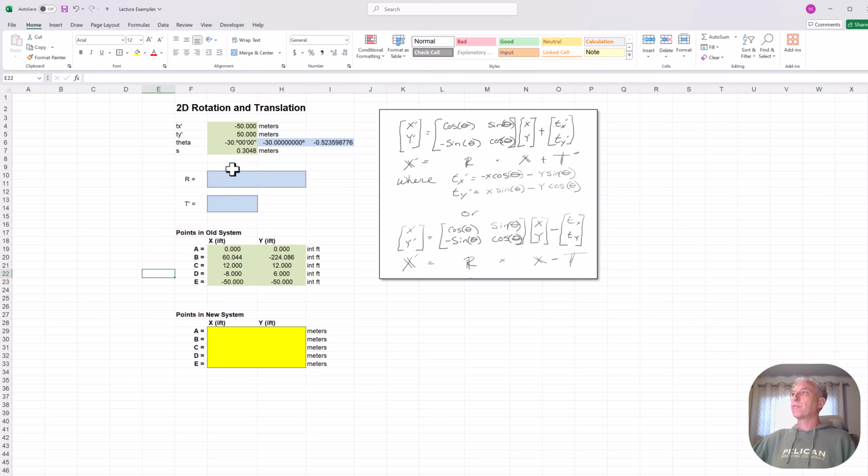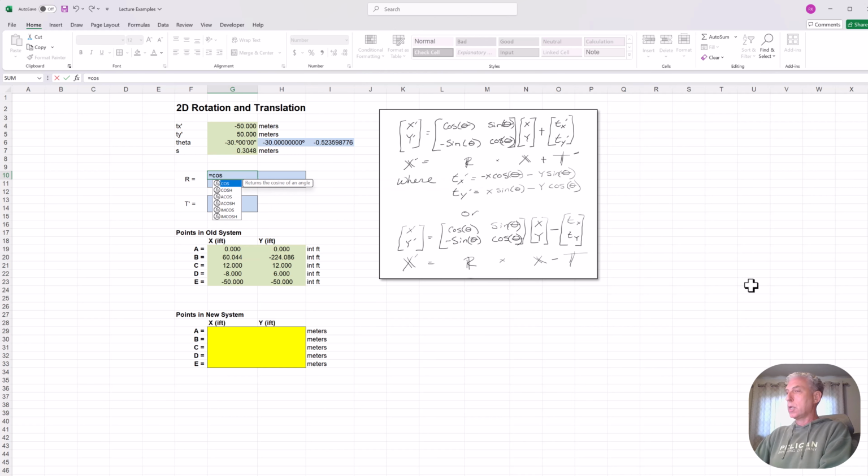Okay, so the first step would be to come up with my rotation matrix. Well, we know that. That's the cosine of theta and sine of theta, and that equals the negative sine of theta, or the opposite of sine theta, and cosine of theta.